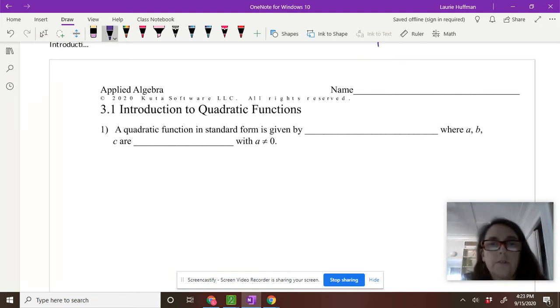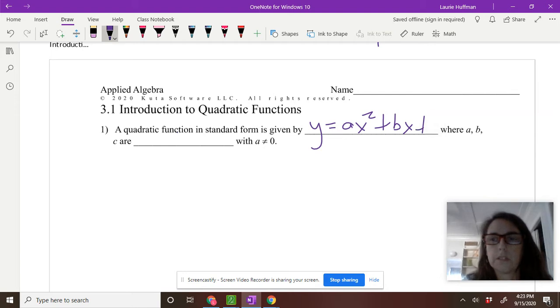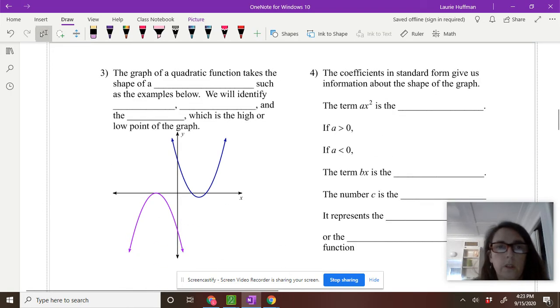Okay, so a quadratic function in standard form is given by y equals ax squared plus bx plus c, where a, b, and c are numbers with a not equal to 0.